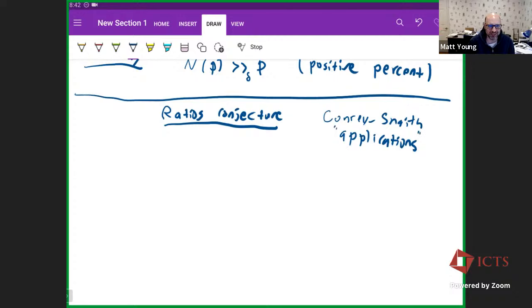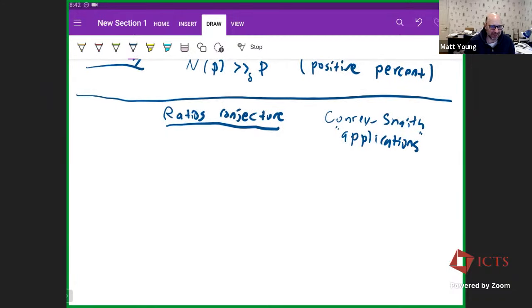So Google Conrey Snaith applications of ratios conjecture or something like that. The paper will come up, and they'll do lots of examples like this. I think this is a good way to think about mollifiers because it's actually quite complicated to carry this out in any given instance, and it's very easy to make mistakes. So this is a reliable way to predict the answer.